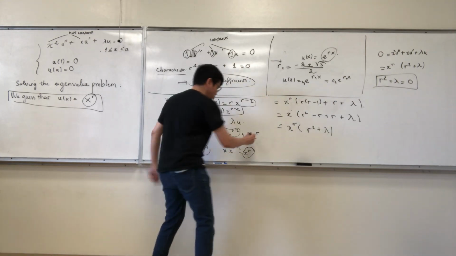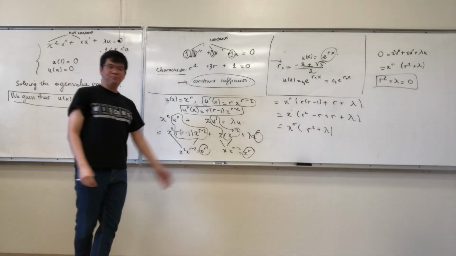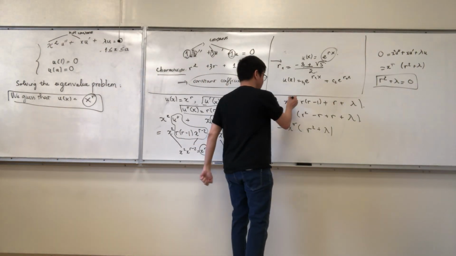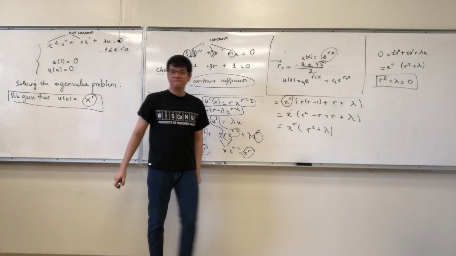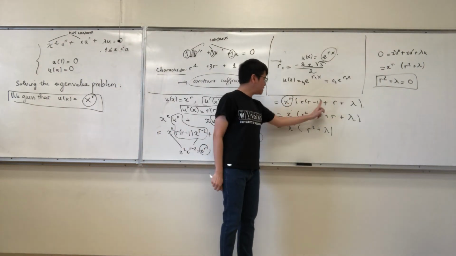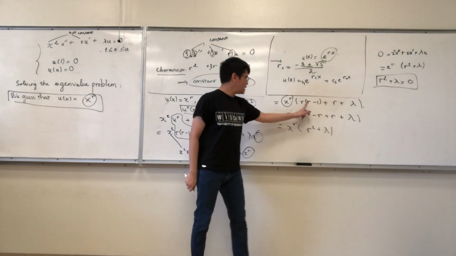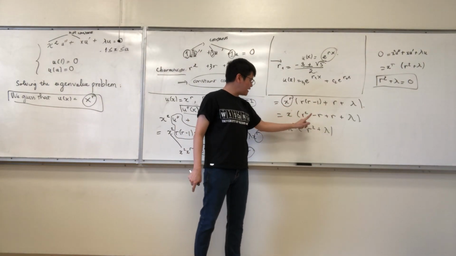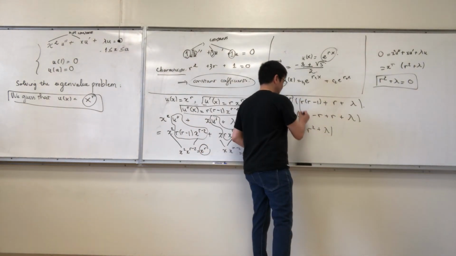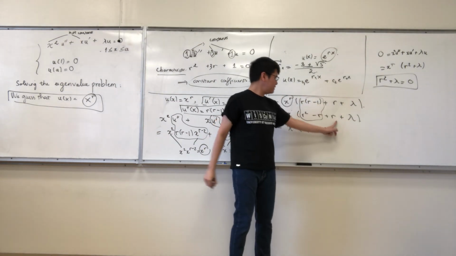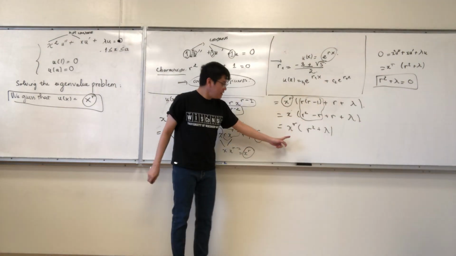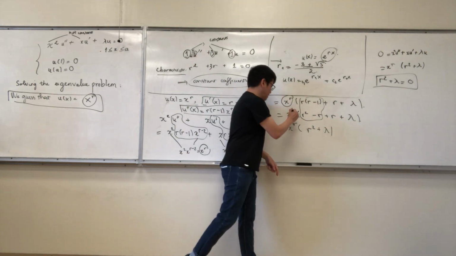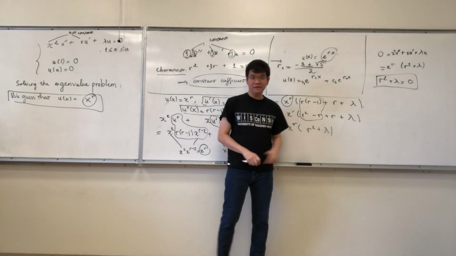The level is x to the r. So I put this as the common factor, right? And I get r(r-1) plus r plus lambda. I expand r(r-1) to be r squared minus r, right? And here I have r, and here I have lambda. At the end of the day, I have r squared plus lambda.